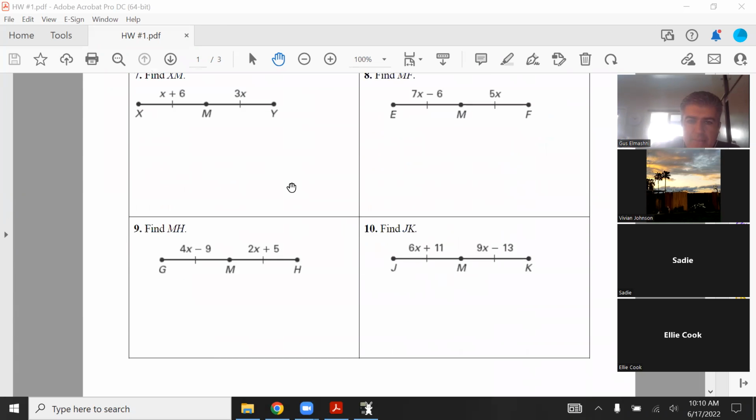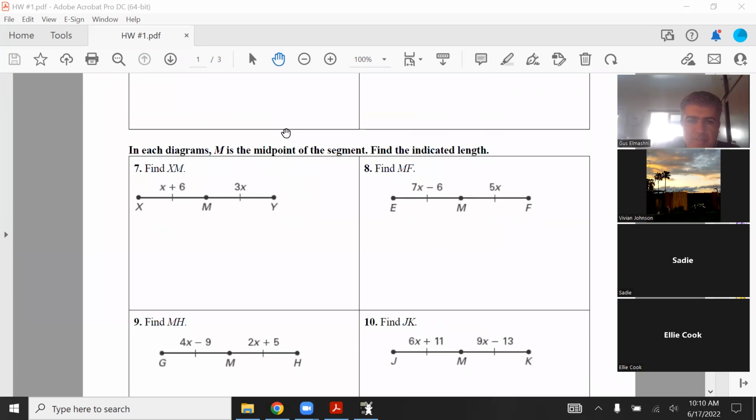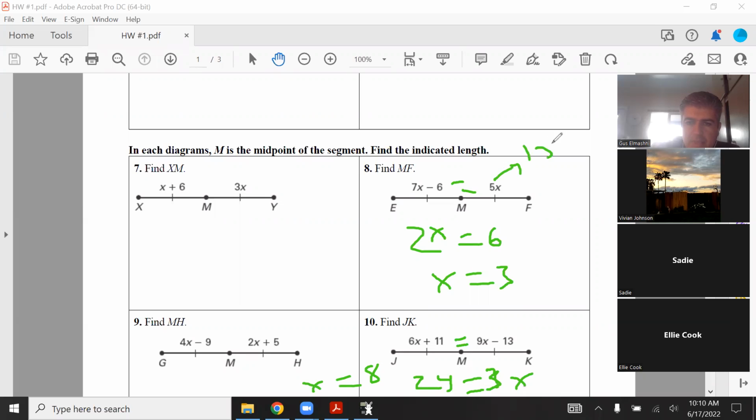So 10, again, same thing. It's being cut in half, as well as 8. So in this case, 2x will equal 6, x will equal 3. In this case, 3x equals 24, x equals 8. So MF is just going to be 15 then.